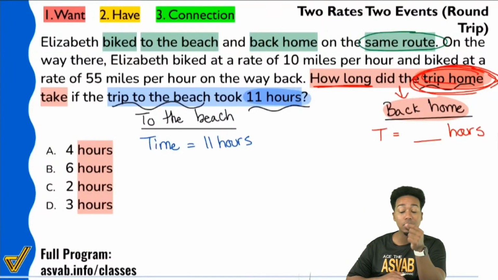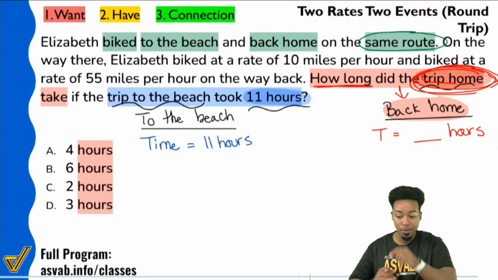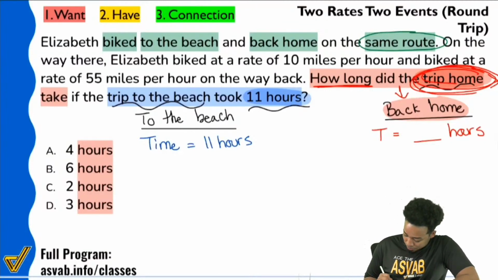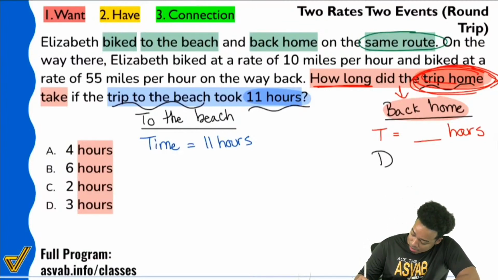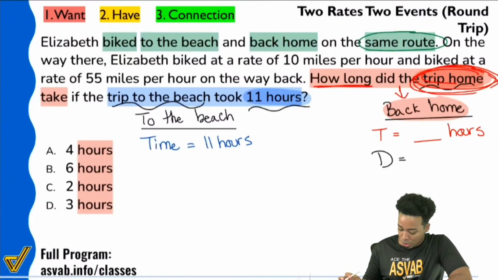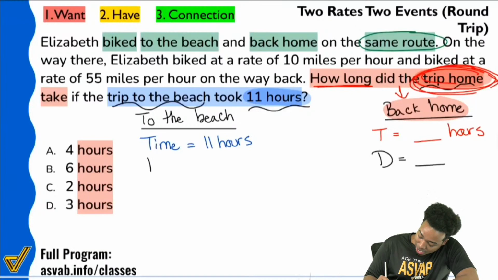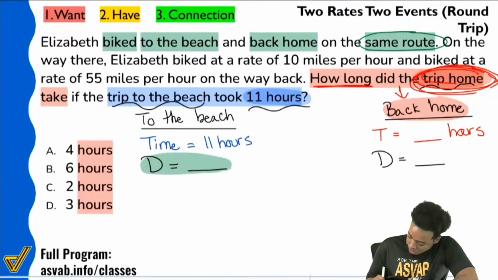The same, right? 15. If it's 15 miles to his house, it's 15 miles from his house back home. If it's the same exact route, you're implying that it's the same distance. And so here's what we can do with that information. At some point, if we need to fill in the distance back home for the formula, well, guess what, my party people? We now know that these distances are the same.